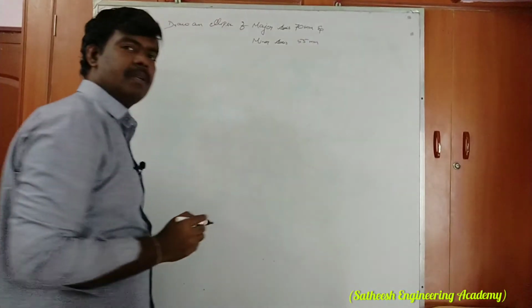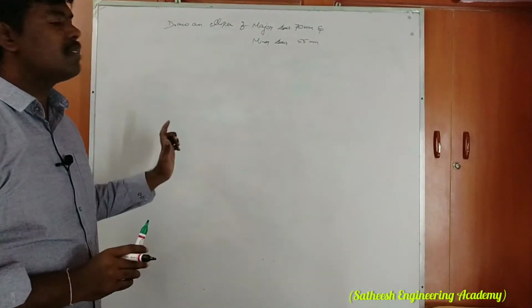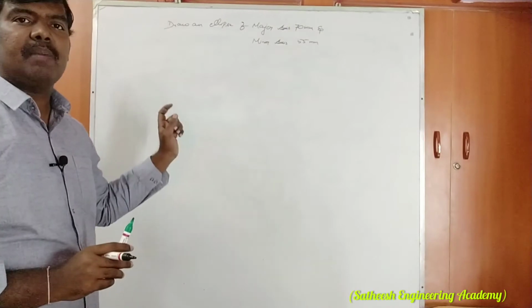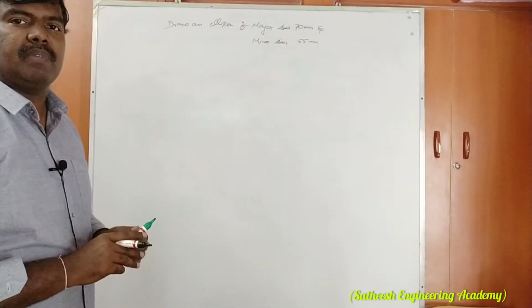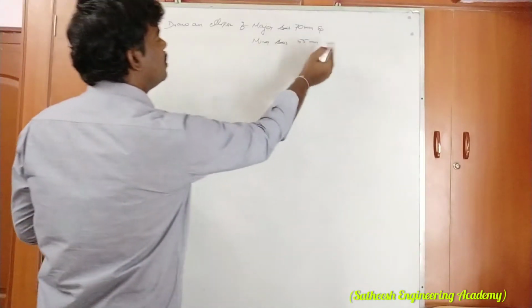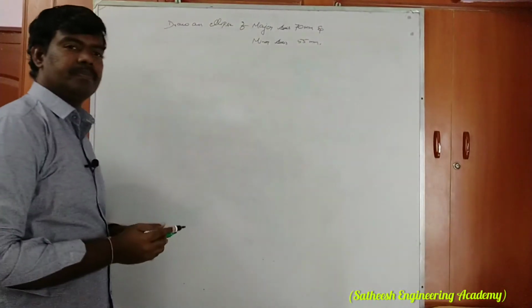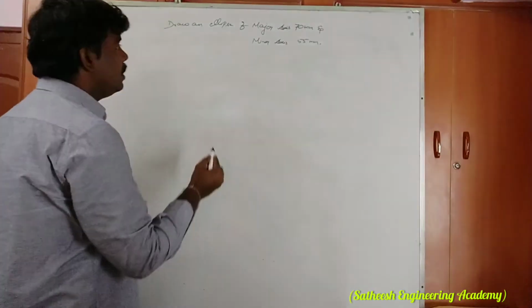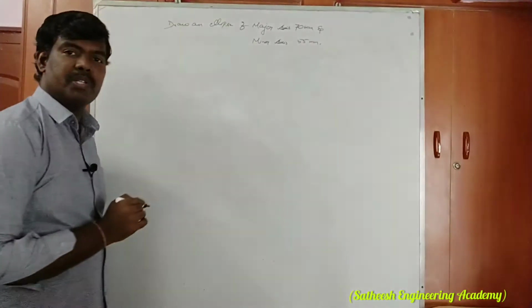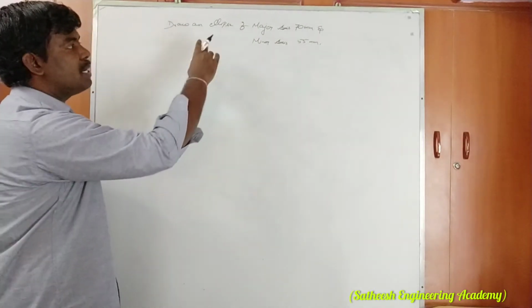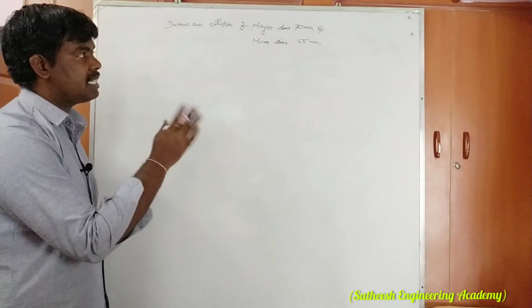If you want to draw an ellipse, we compulsorily need the major axis and minor axis. The problem clearly mentions that we draw an ellipse by using the concentric circle method of the given sizes.